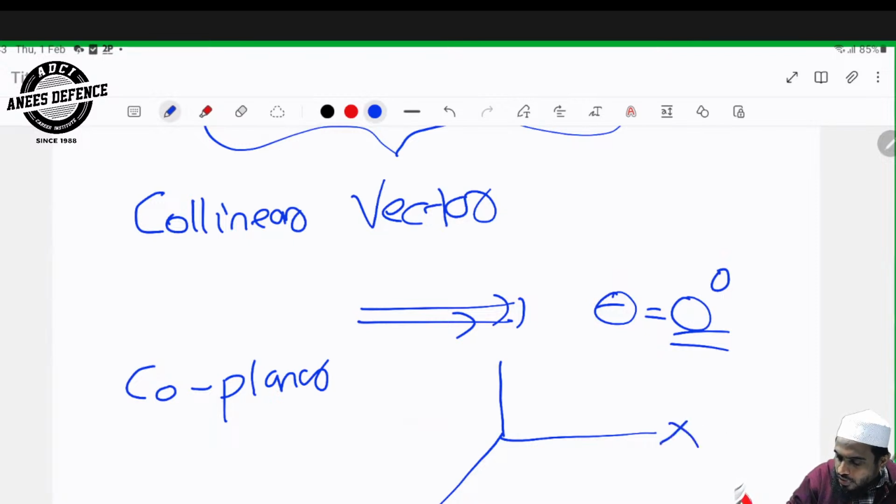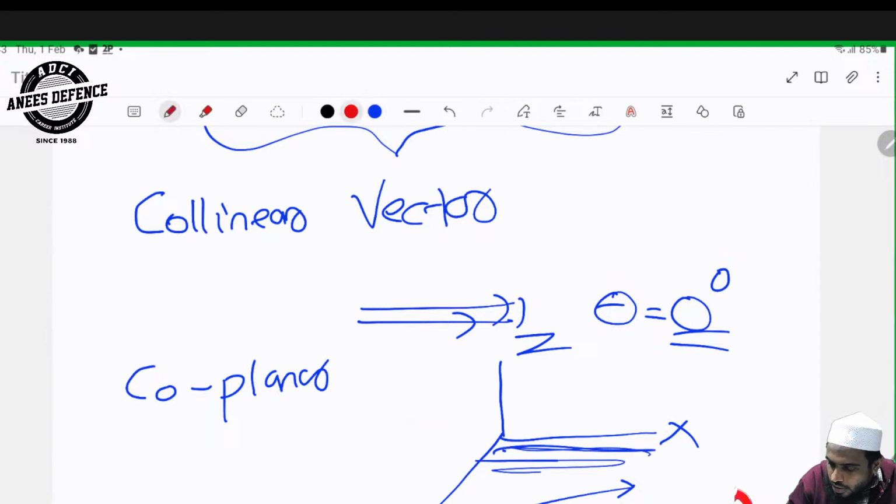This is the x-axis, y-axis, z-axis. I am keeping a pencil here. That pencil represents a vector that is lying on the xy plane.